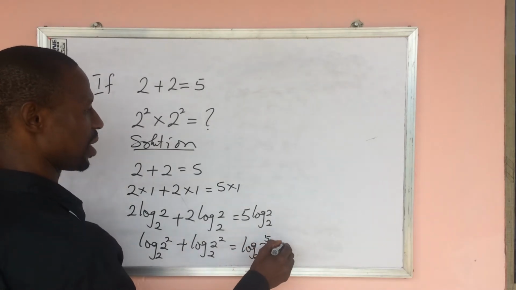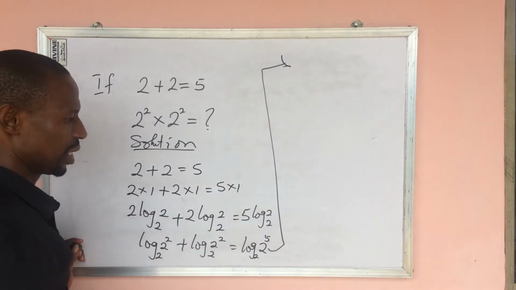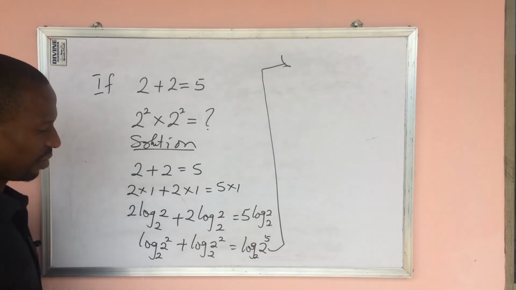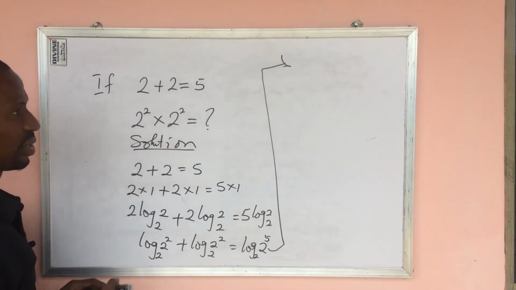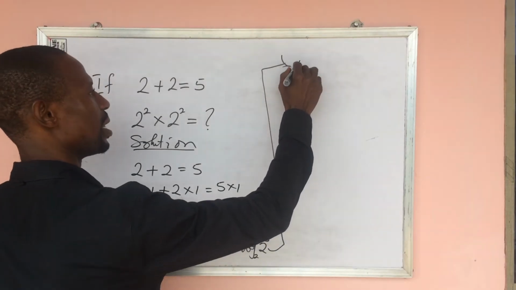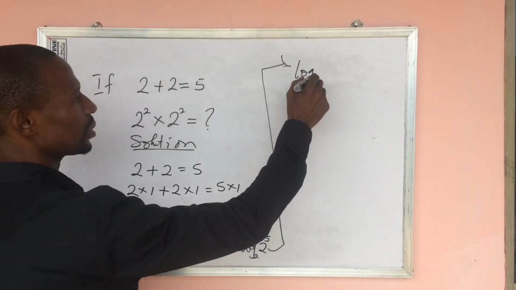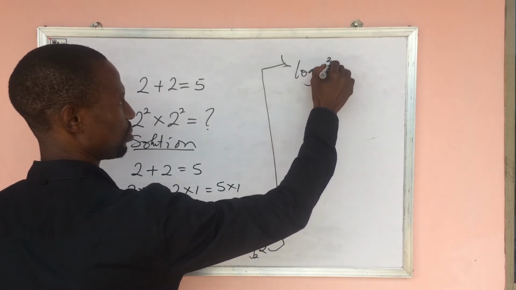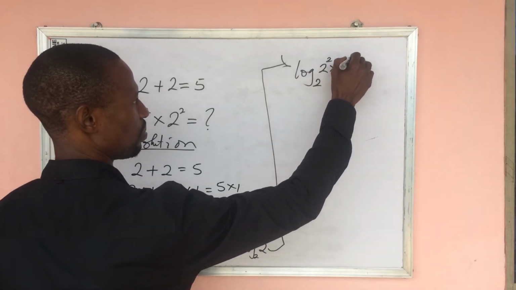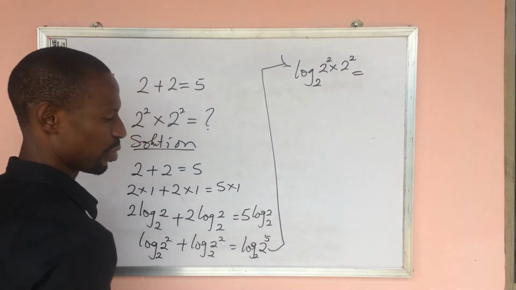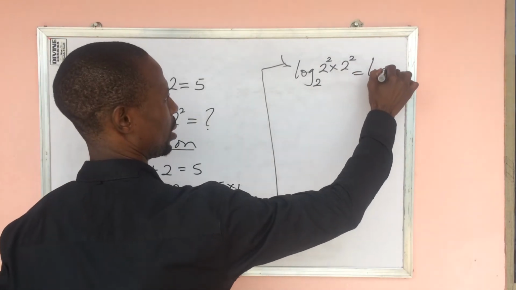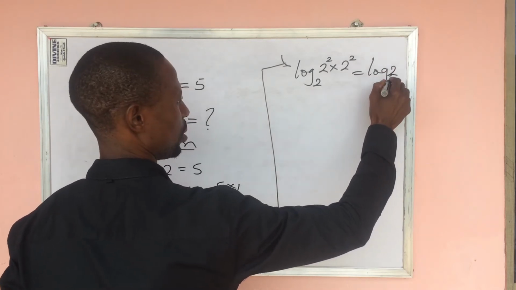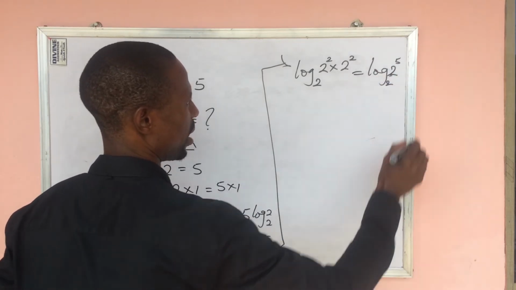Then we proceed from here again. We can apply the multiplication law of logarithm. If we do that, this will now be written as log 2 base 2 to the power of 2 times 2 to the power of 2, equal to log 2 base 2 all to the power of 5.